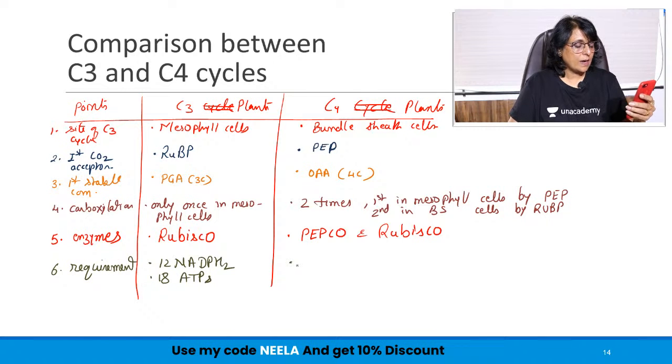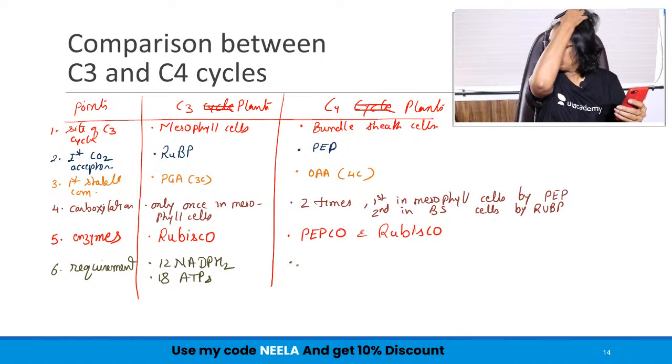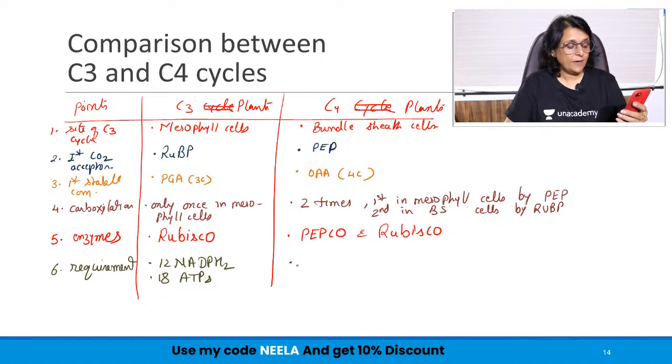Sridhar has joined now. Good morning, Sridhar. Okay, I'm waiting for the answer for C4 plants. How many ATPs and how many NADPH2s are required? Okay, who has given the answer?